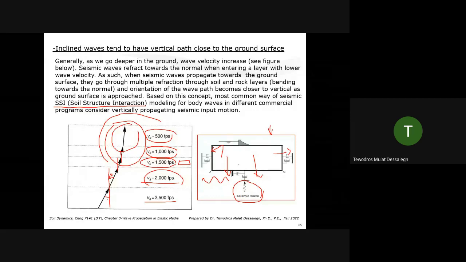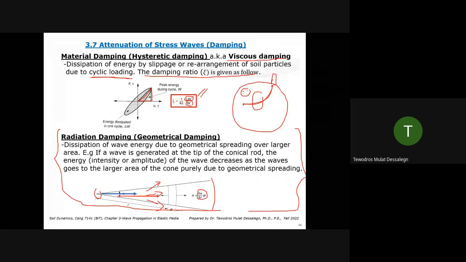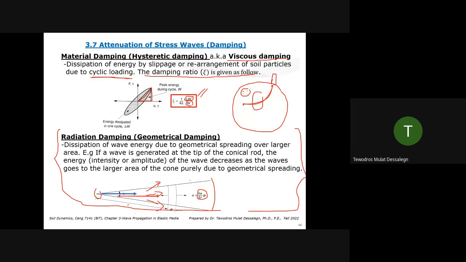In simple models like this, if you have only a spring and damper, you don't have it because you didn't provide a larger area for the wave to disappear. In that case, you can do some approximation to include it. But normally, you don't see radiation damping being included, partly because it's also a conservative analysis not to include it. If you don't include radiation damping, your model will show larger energy, larger displacement.